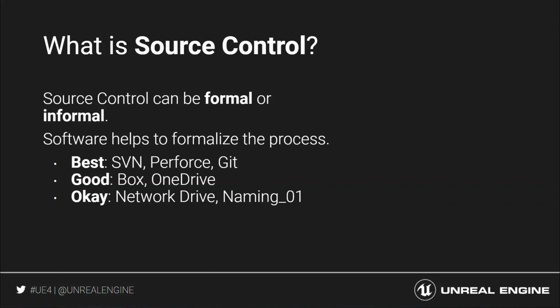So source control can either be a formal or an informal process. We probably all have done some informal source control in our lives. It can be as simple as saving stuff in a network drive where everyone can access it, or naming our files with a naming convention of _01, 02, some sort of iterative thing, possibly _recover when things go bad.